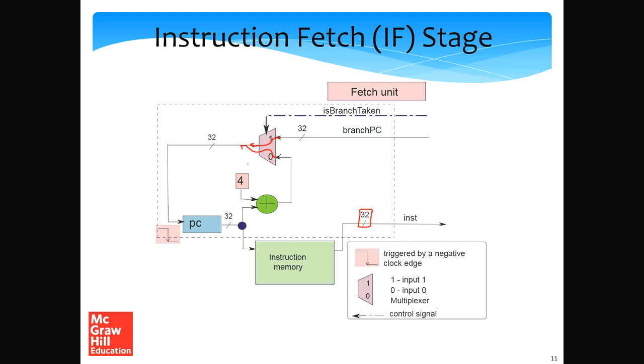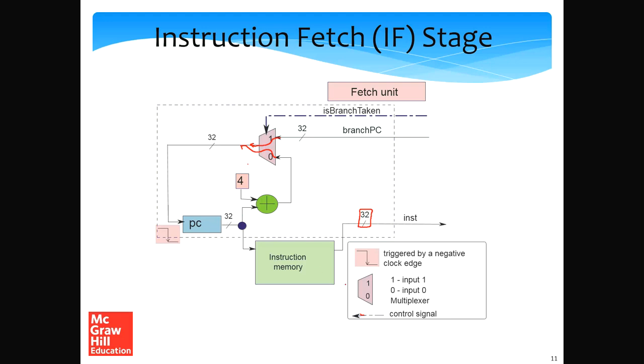Only one of the inputs will show up at the output. And this again will be the value of the next program counter that will be used in the next cycle for the next instruction. So this is the fetch unit. The fetch unit per se is fairly simple. The important point to note is that we'll be using these dotted arrows for the control signals for controlling the multiplexers.